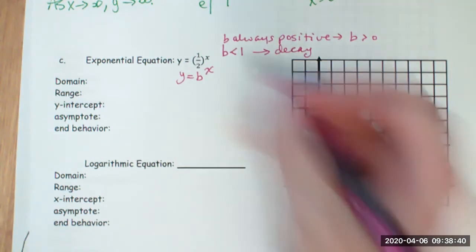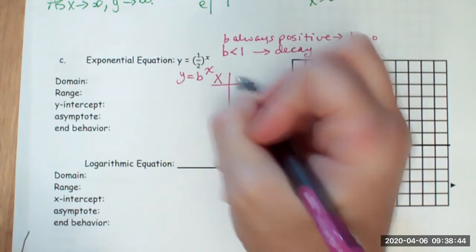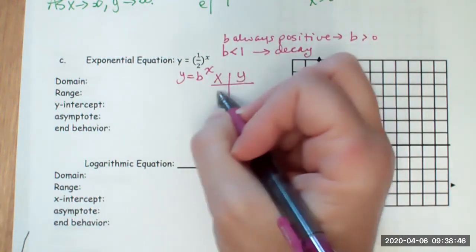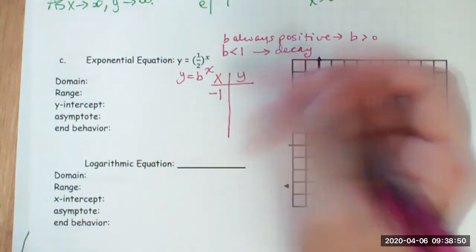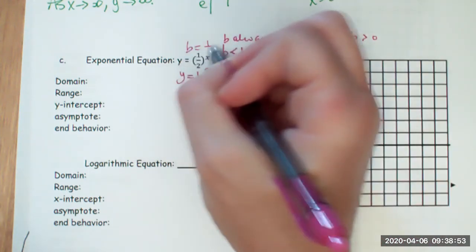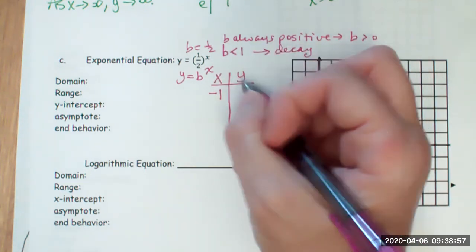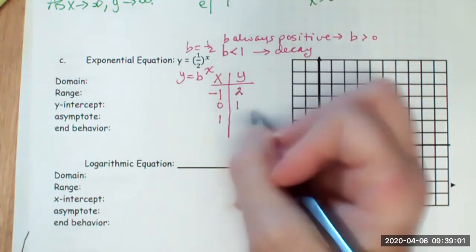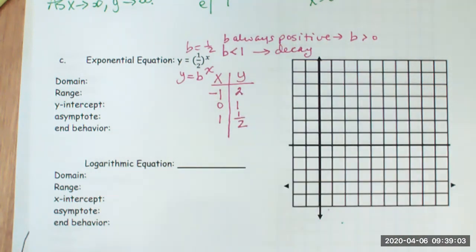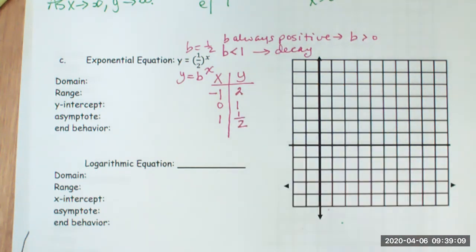We'll make the table. We're going to do -1, 1 over b. Remember, b is equal to 1/2, so 1 over b is its reciprocal, which would be 2. Then 0, 1, and 1, b, which is 1/2. Now I'll fill in the logarithmic equation, and we'll graph both.